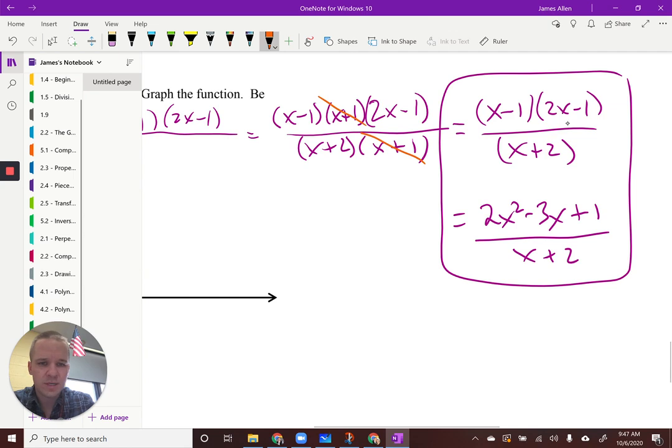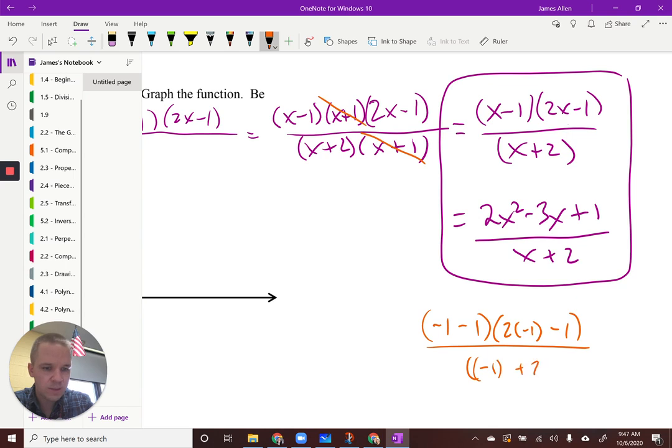I'll do that in orange since I canceled out in orange. So I'm going to have negative 1 minus 1, 2 times negative 1, and then minus 1 over negative 1 plus 2.